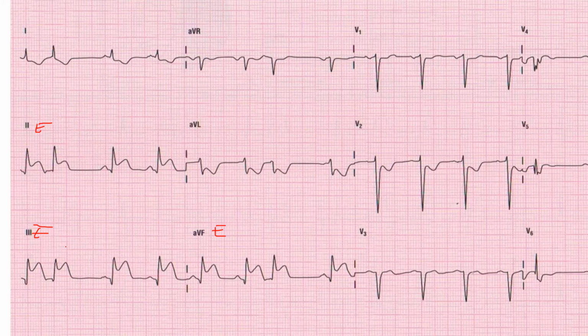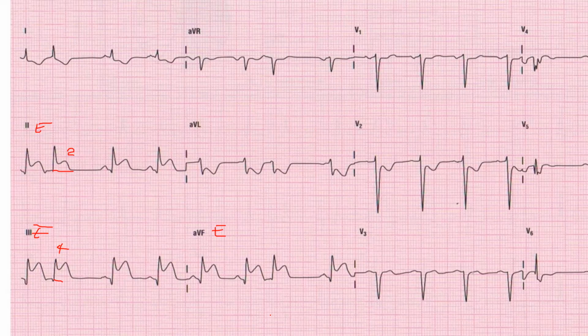Okay. In looking at the ST elevation here, there is 2 millimeters. And the ST elevation here is 1, 2, 3, 4. So we also have a right ventricular wall MI. Why do we say that there's a right ventricular wall MI?